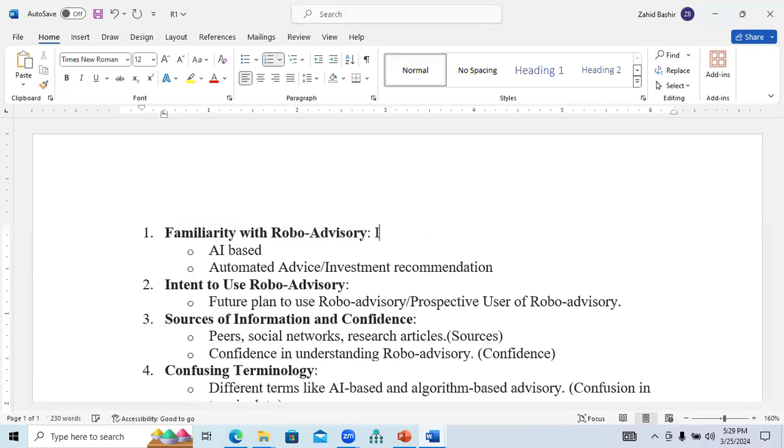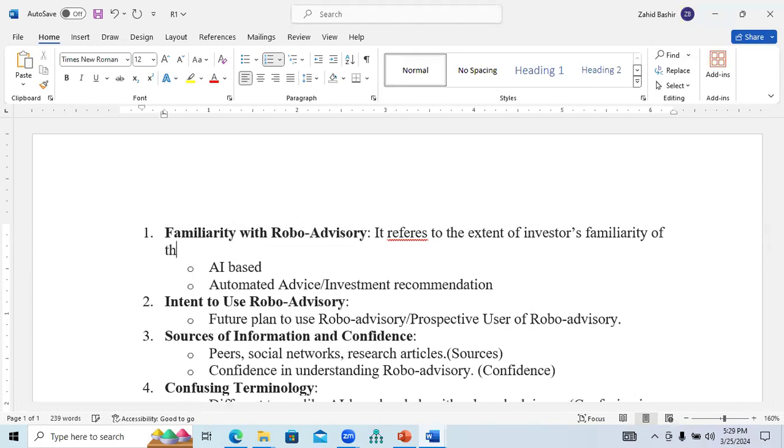For example, it refers to the extent of investors' familiarity with the terminology of robo advisory. Now it is basically defining your themes.